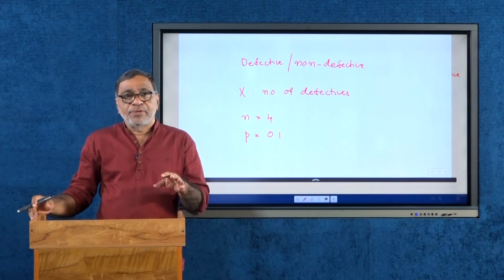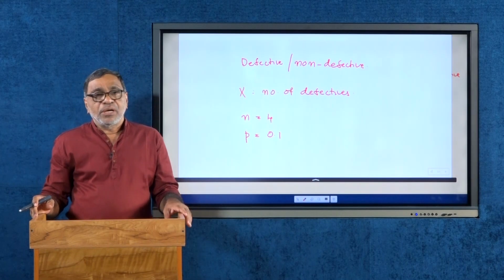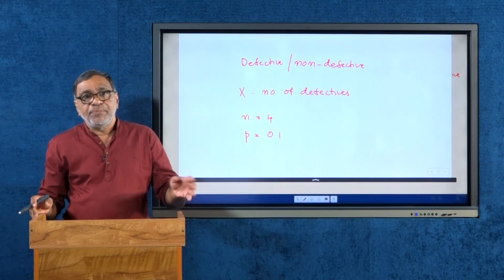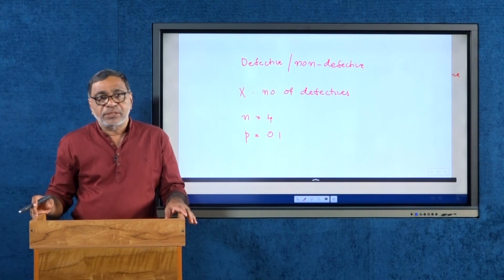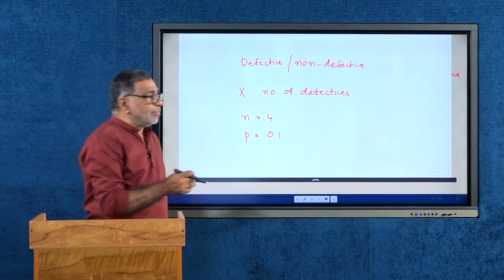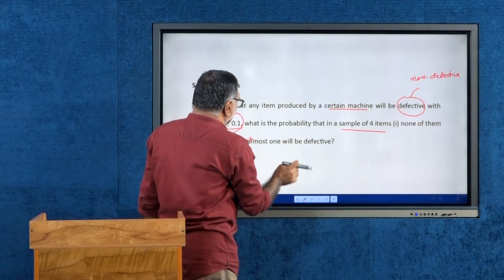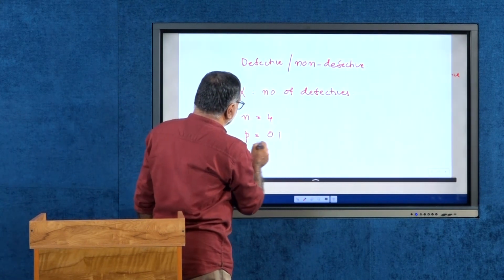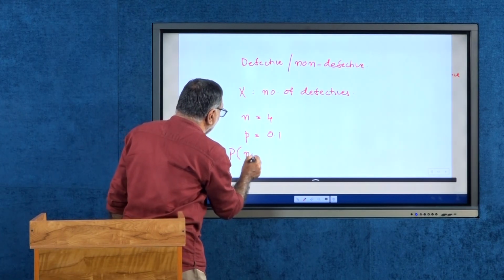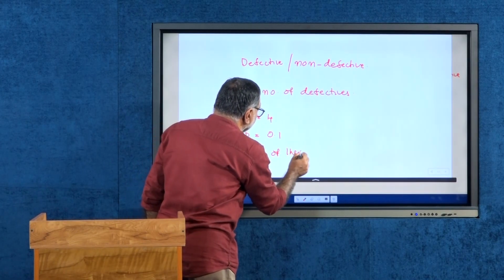So, the number of items selected is 4, and we define X as the number of defectives, and let p be the probability of getting a defective, that is 0.1. And then you consider the problem. What is our question? None of them are defective. The problem is to find the probability that none of the selected items are defective.